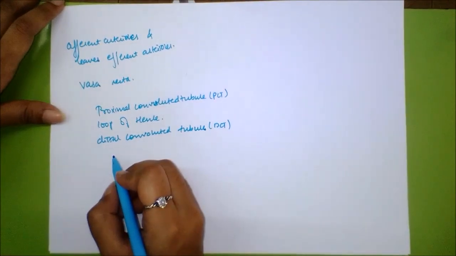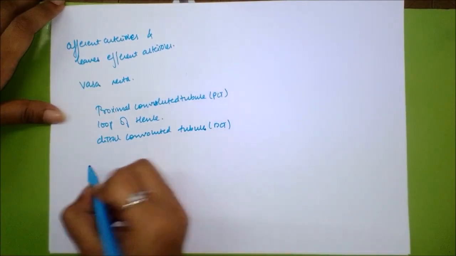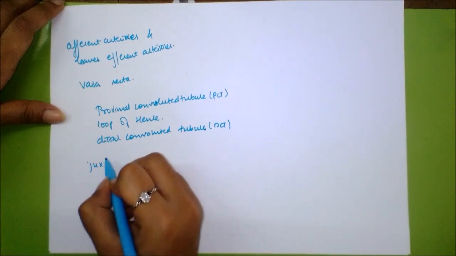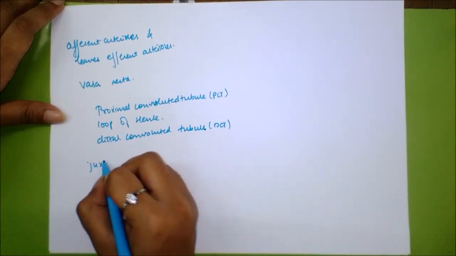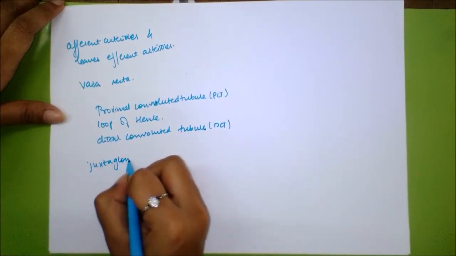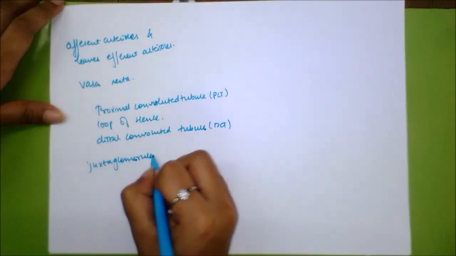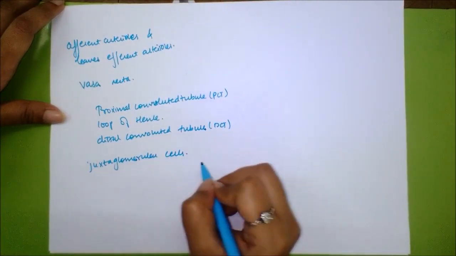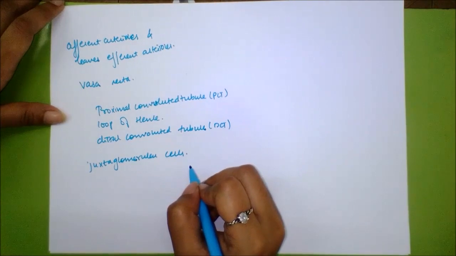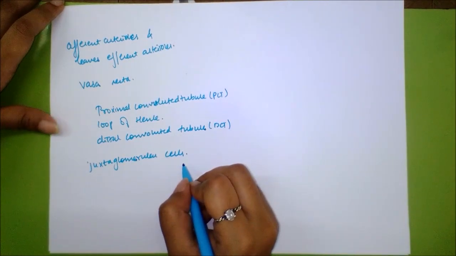Smooth muscle cells of both afferent and efferent arterioles are called juxtaglomerular cells.